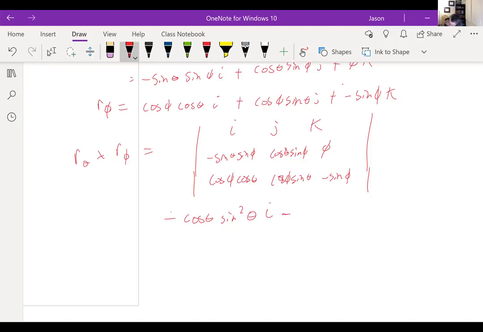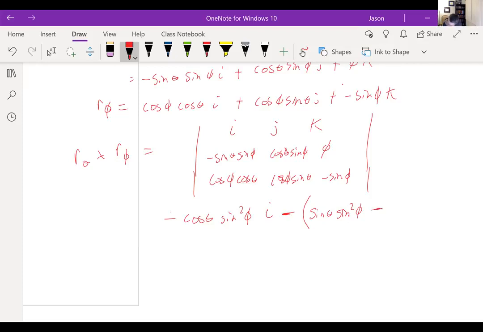For i, a minus sine squared phi sine theta. Did I screw this up? The first one was cosine. Oh, this is a phi, sorry. Let's try to keep these all in order. So this is going to be sine theta sine squared phi.